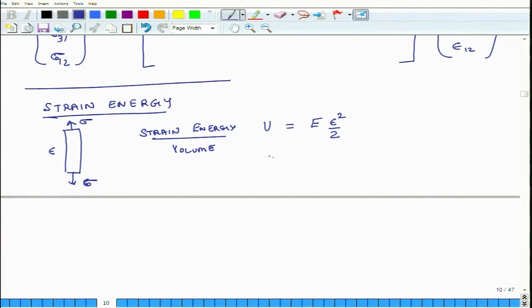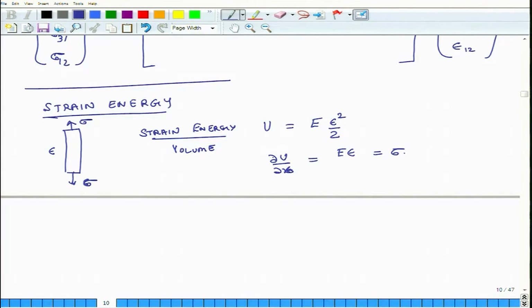So, what you do is del U over del epsilon. If you differentiate this strain energy per unit volume, then you get E epsilon, and this is nothing but sigma. Because E times epsilon, for a unidirectionally pulled specimen which is isotropic, is sigma.